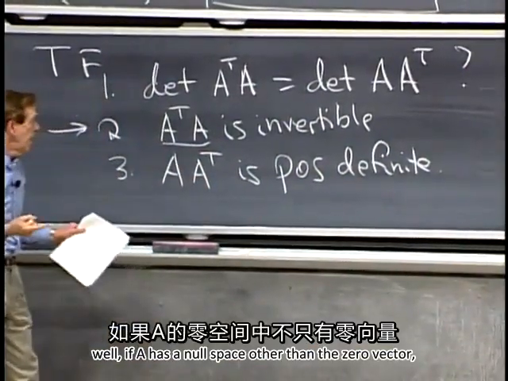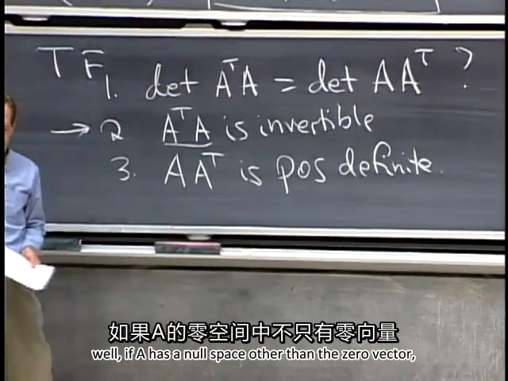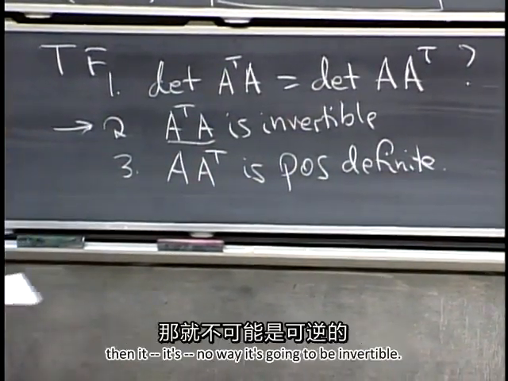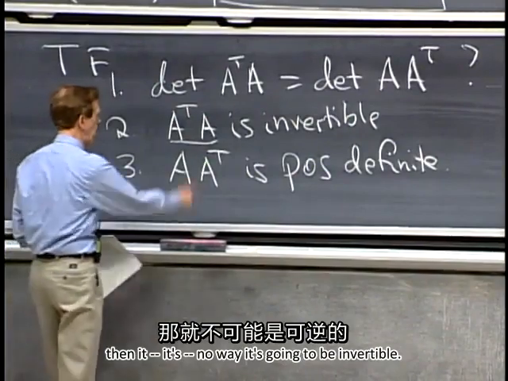Well, if A has a null space other than the 0 vector, then there's no way it's going to be invertible.